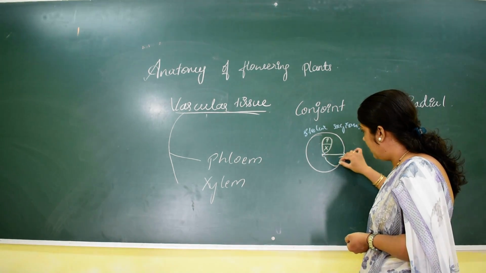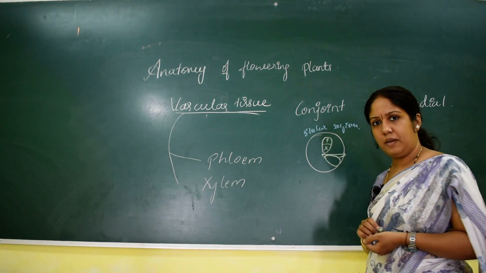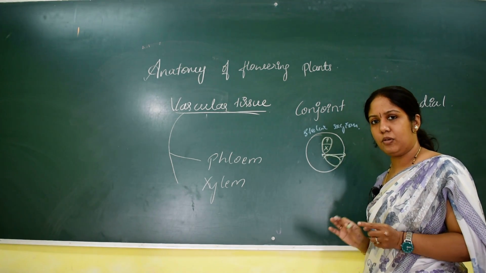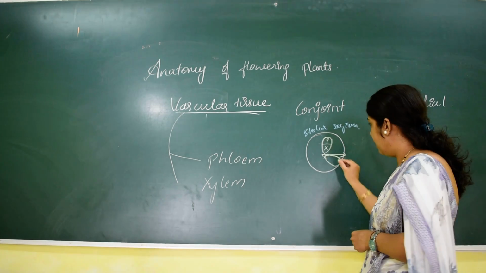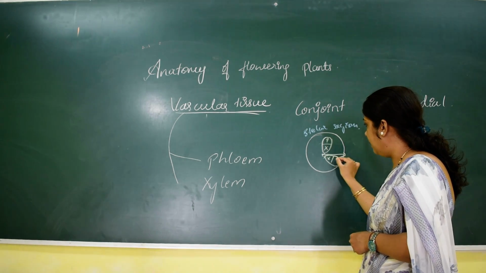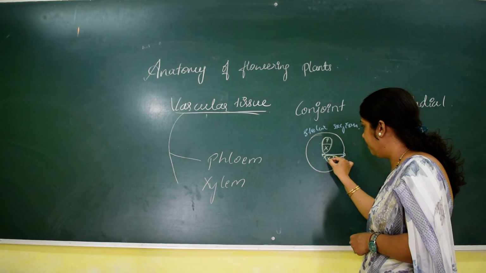Now see, let us consider this as one vascular bundle. Remember, vascular bundle means xylem and phloem. Here there is a xylem tissue and here there is a phloem tissue.